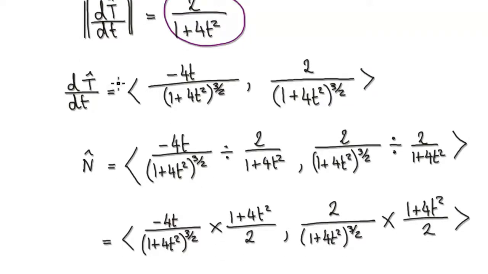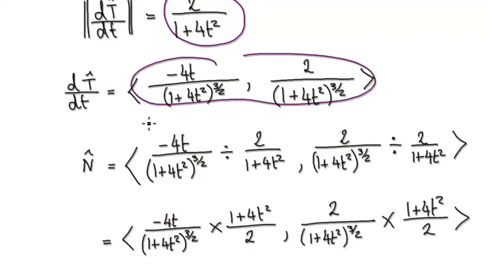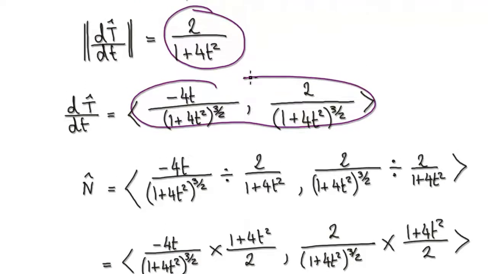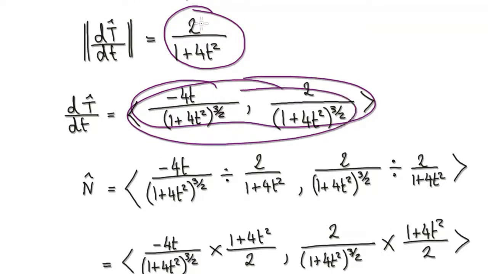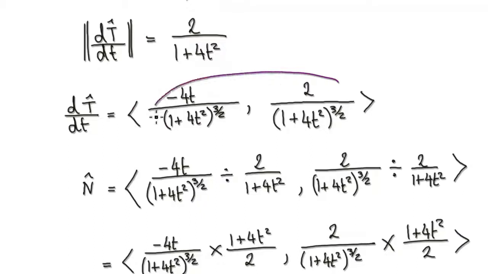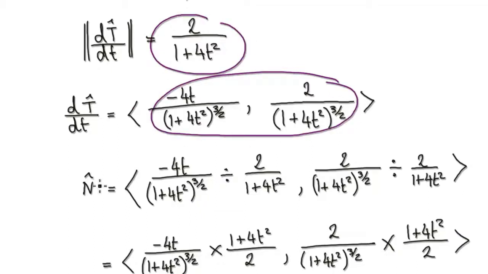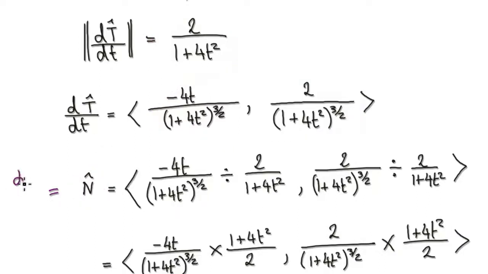So hang on, let's start again. We've got a new vector here. We now need to get the new vector divided by its magnitude in order to obtain the normal vector, because the normal vector is dT hat over dt divided by its magnitude.